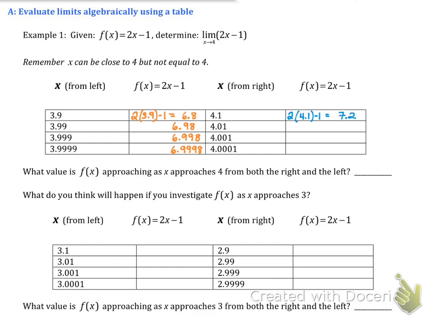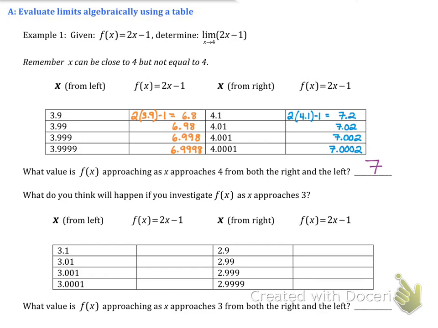And then if I did 4.01, then I would get 7.02, followed by 7.002, and then 7.0002. All right, now, what value is the function approaching as x approaches 4 from the right side and the left side? 7.